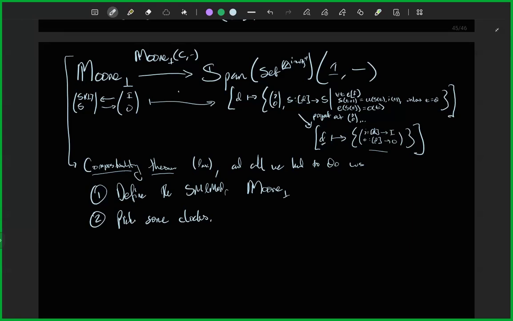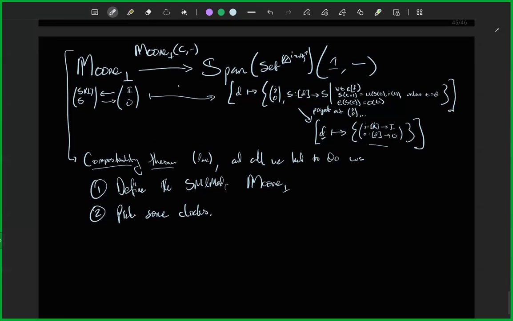So why do you do this? Well, as we talked about at a previous time, note that LTL, linear temporal logic, linear time temporal logic, interprets into presheaves on delta inert.